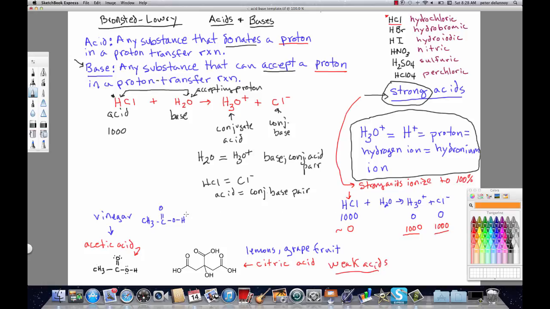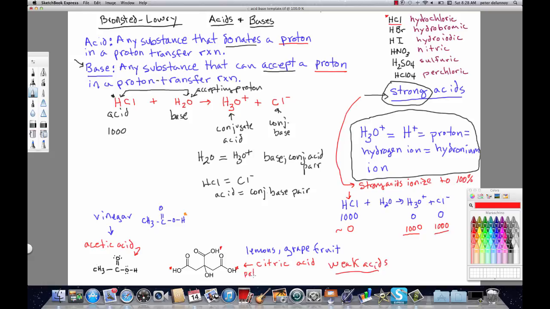I'm going to put an asterisk next to the H that's going to be donated in each case. So in the citric acid, it's going to be this proton, and this one. Notice that citric acid actually has 3 protons that can be donated to solution.